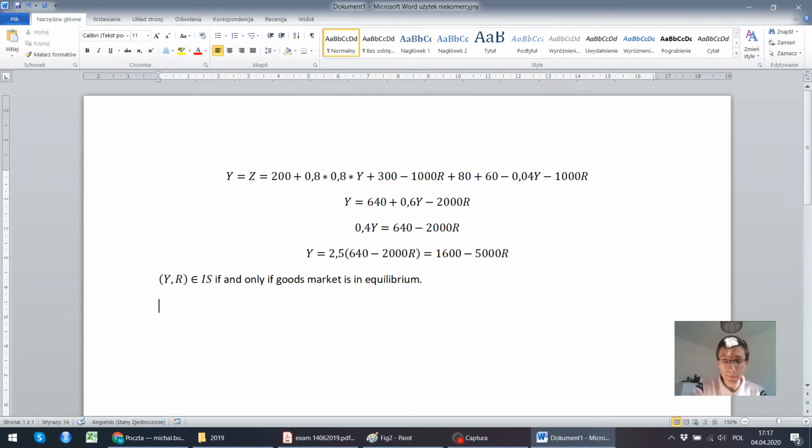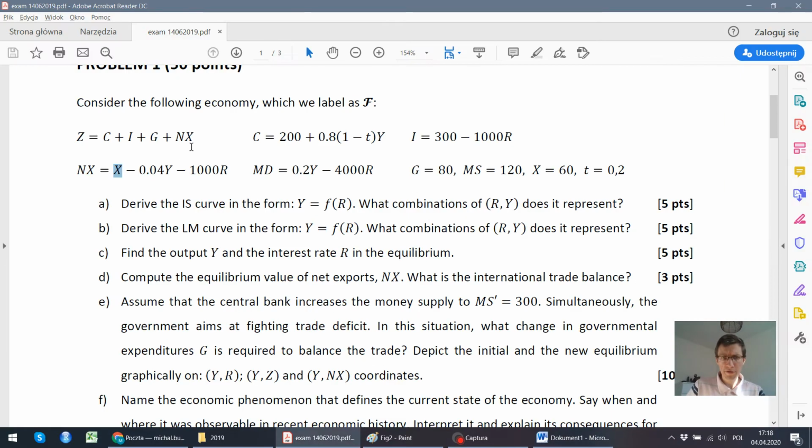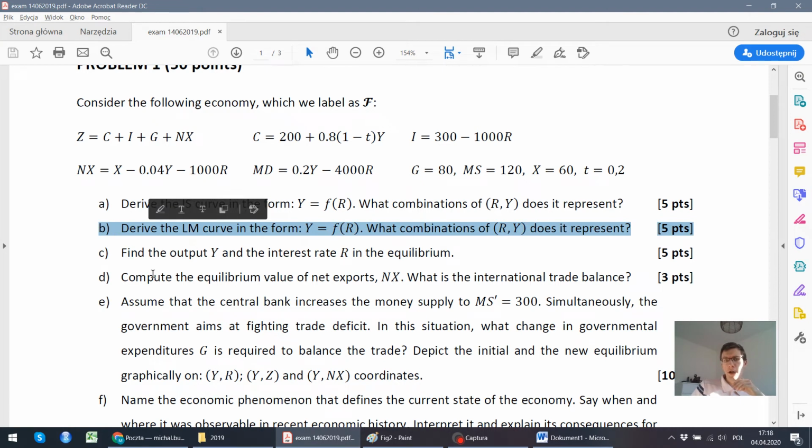Now let's move to B. Okay. So in B, we are asked about a symmetric thing, but on the financial market. So let's derive the LM curve in the form y equal to a function of the interest rate.